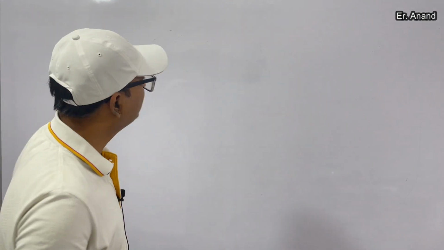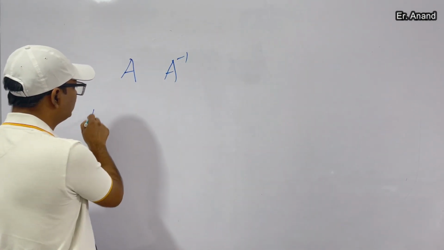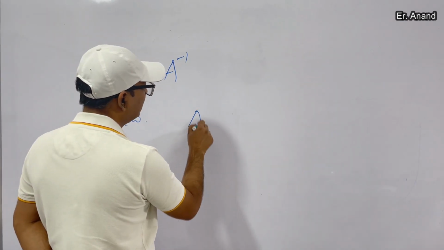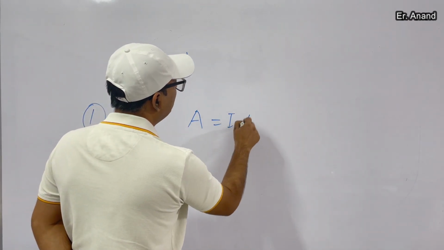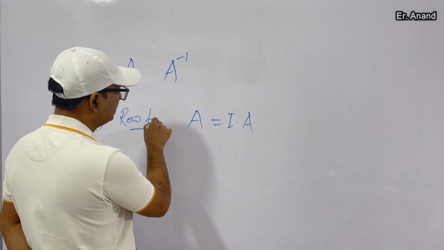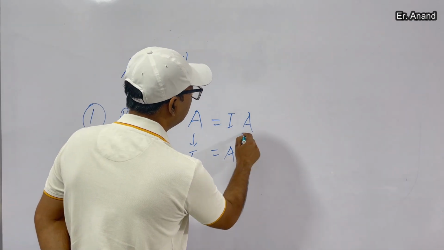So summing up, if we have a matrix A and we want to know about A inverse, we have two methods. First method is row transformation. We'll take A equal to I into A, that is I will precede A, and we'll do row transformations so that this becomes I and this becomes A inverse, keeping this constant.